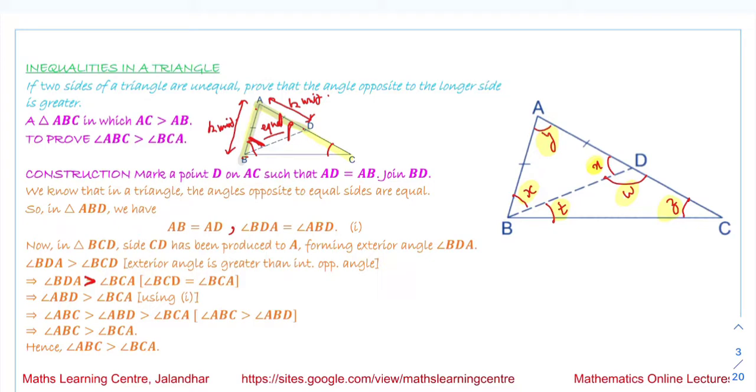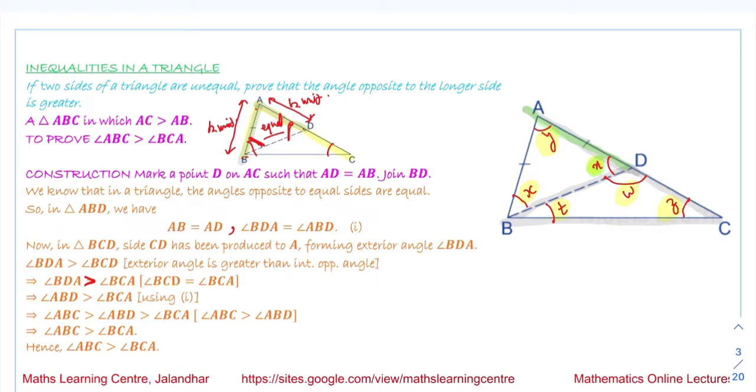Now what we see from this figure is that if we look at the triangle DBC, then we have extended this line DA, and this is the angle X over here. This is the exterior angle, and we know the exterior angle is the sum of the interior opposite angles.